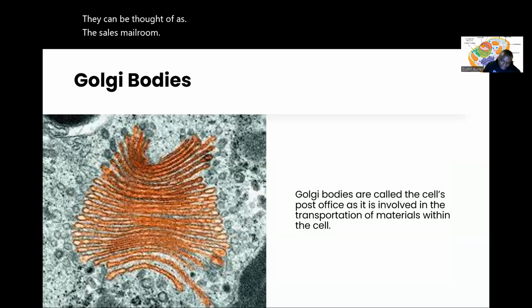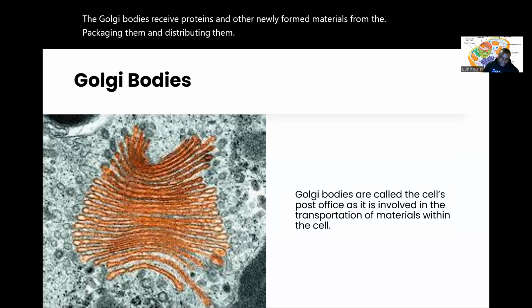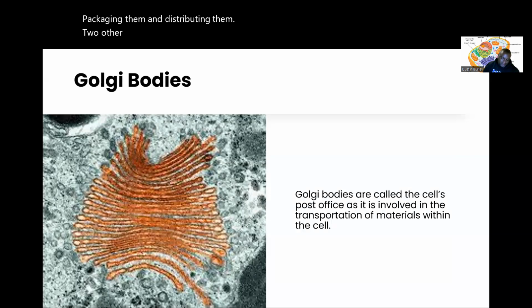The Golgi bodies receive proteins and other newly formed materials from the ER, packaging them and distributing them to other parts of the cell. The Golgi bodies also release materials outside of the cell wall.